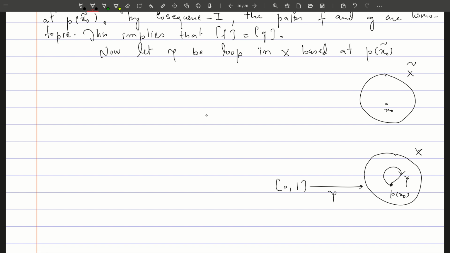So this gamma is given such that this gamma is in P star of the fundamental group of X tilde based at x naught tilde. So that means this gamma has a preimage under P star.